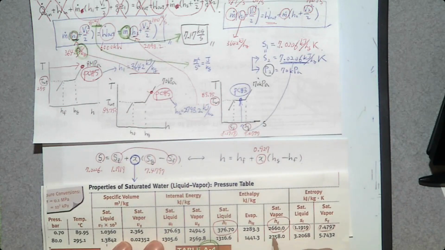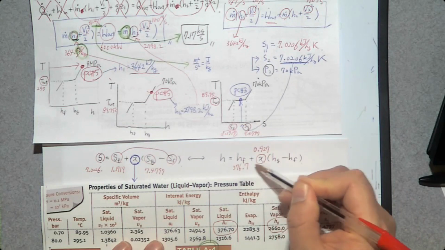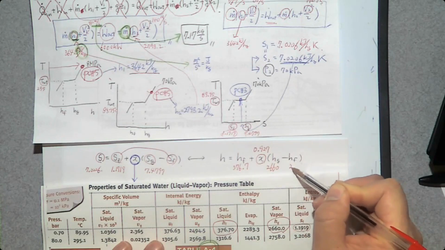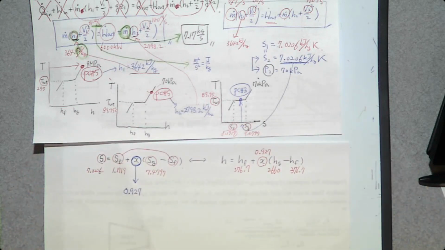So let me write these two values in this equation: 376.7 and 2660.1 (HG minus HF). So we have everything. Can you determine H? Now, yes, you can. What is that H? 2493.3.